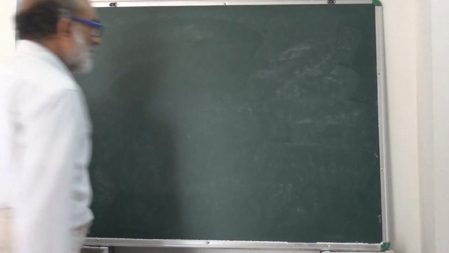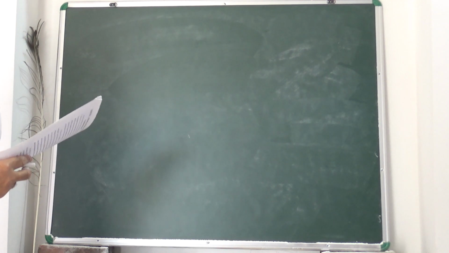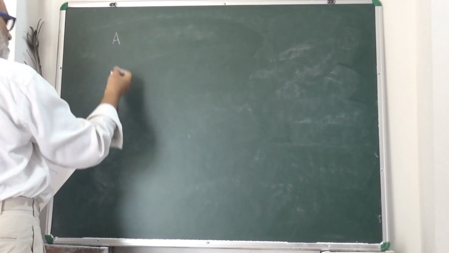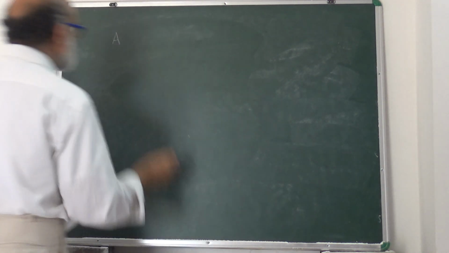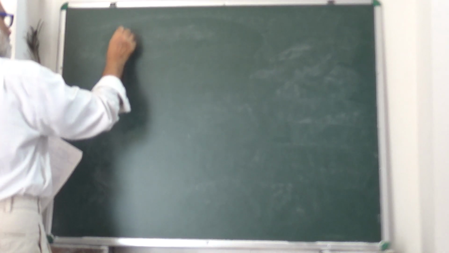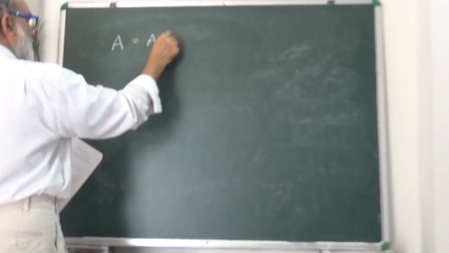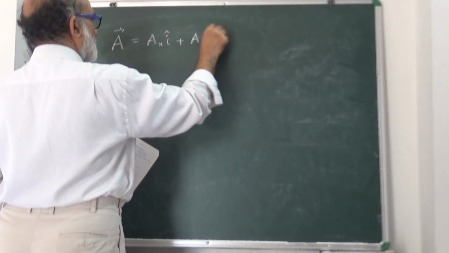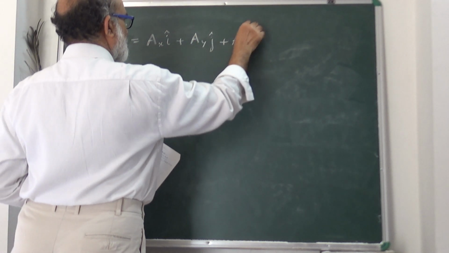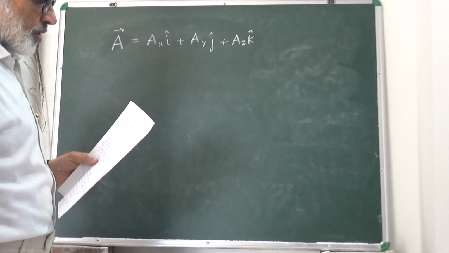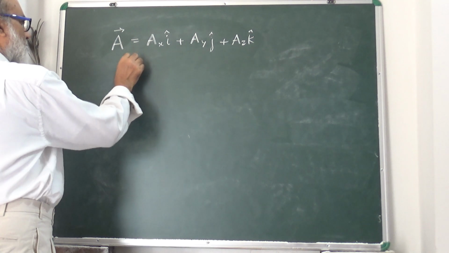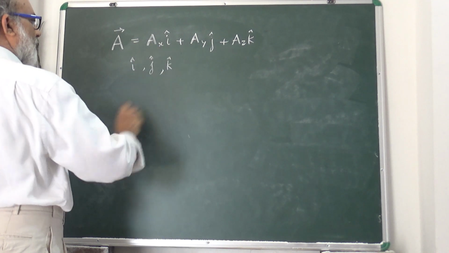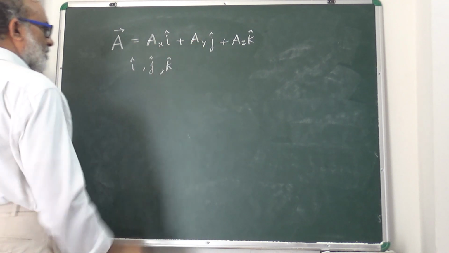A vector in three-dimensional space, a simple rectangular coordinate space, is written as A equals AX i plus AY j plus AZ k, where i, j, k are the unit vectors directed along the increasing direction of the x, y, and z coordinates.